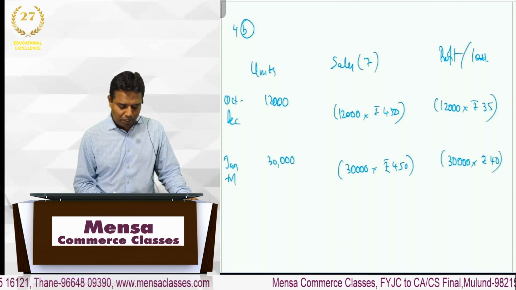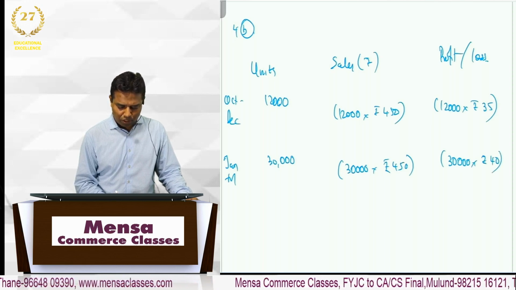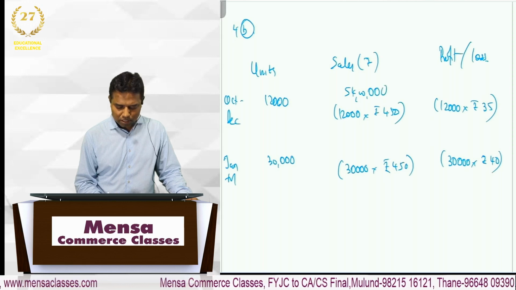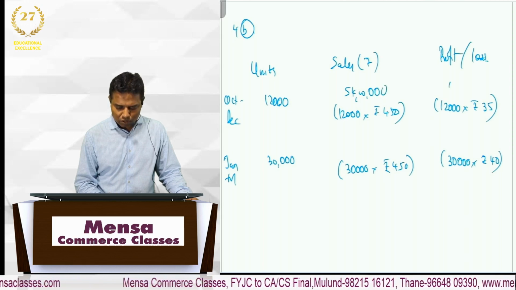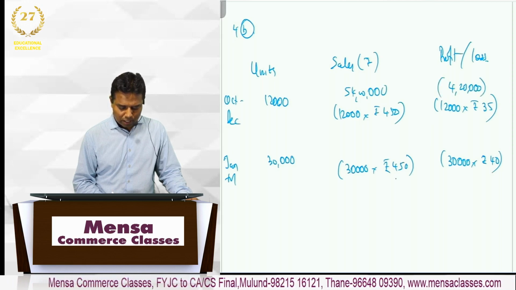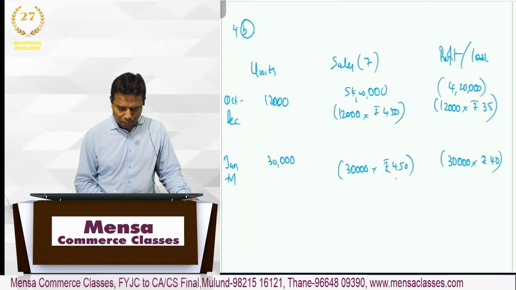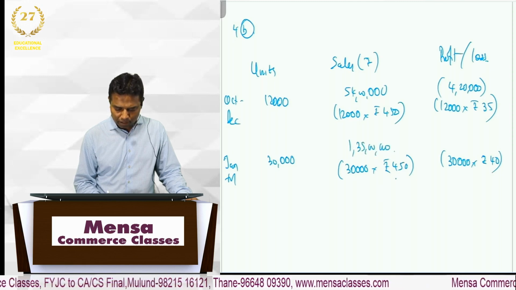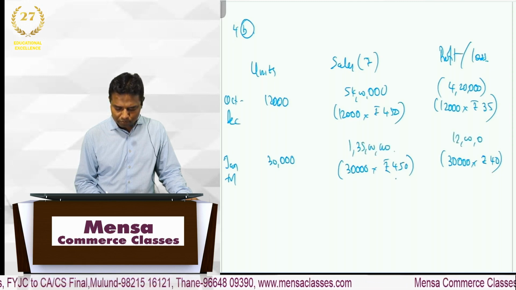So this will be 6 and 48, so the 54 lakhs. This is 36 and 6, so 4,20,000, but this is a loss. And here 13, 14, so 1 crore 35 lakhs, and here 12 lakhs.